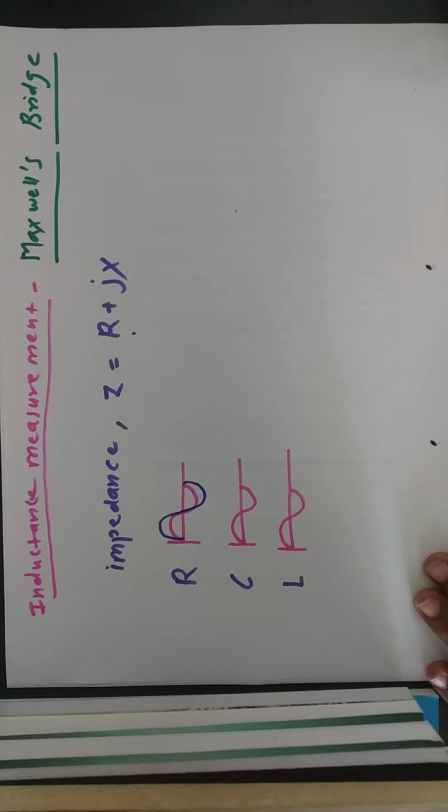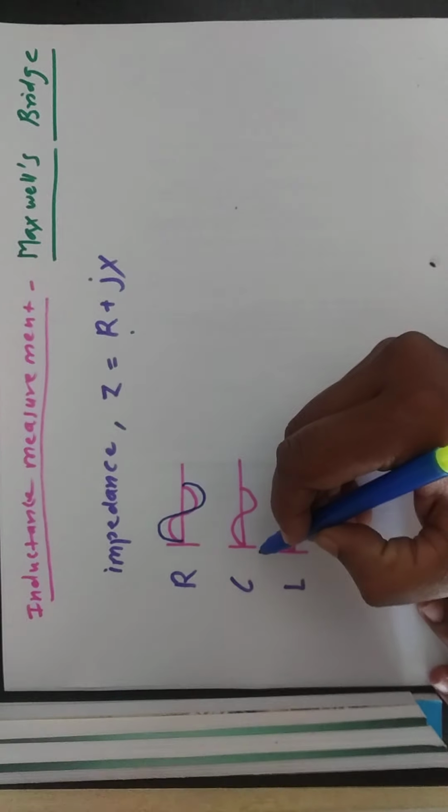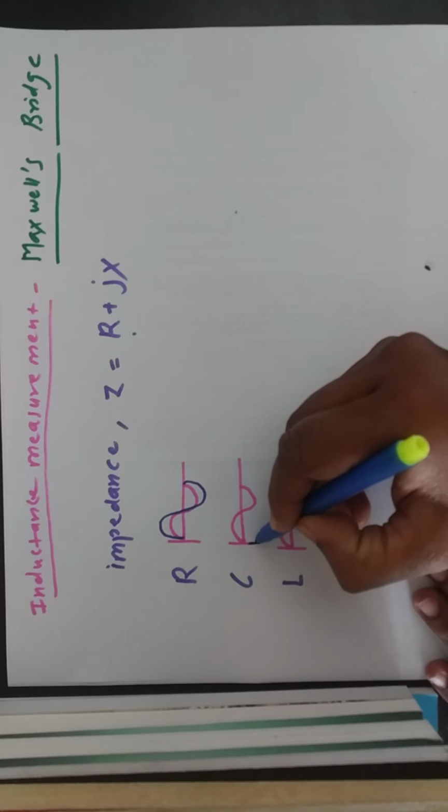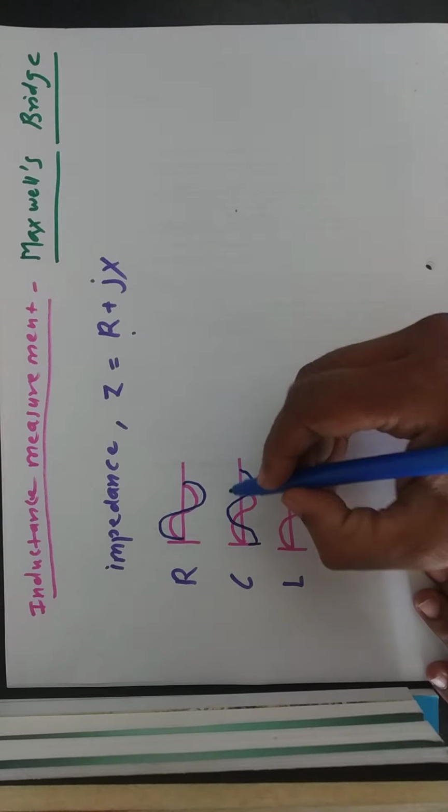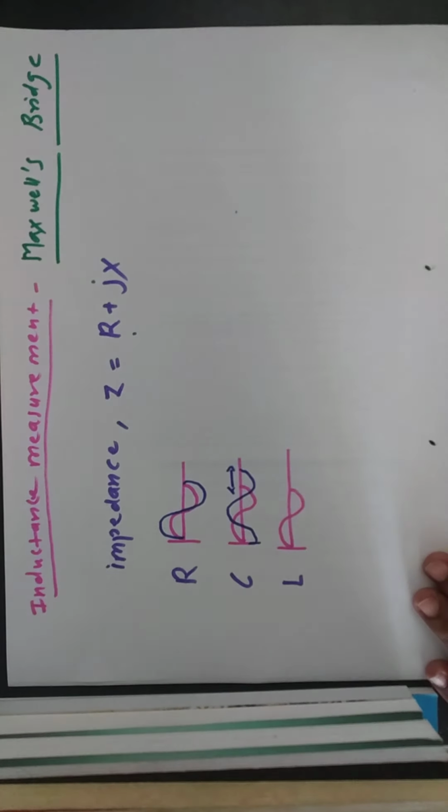But if the capacitive component is the dominant factor in your circuit, then the current leads the voltage by 90 degrees. So you can draw it like this, with a 90 degree phase shift.